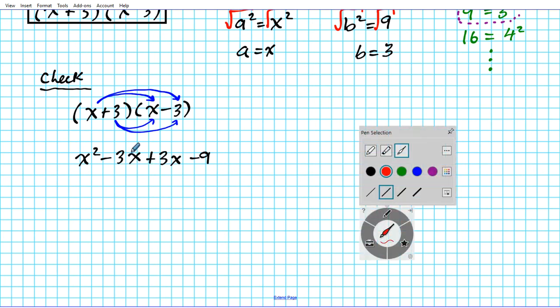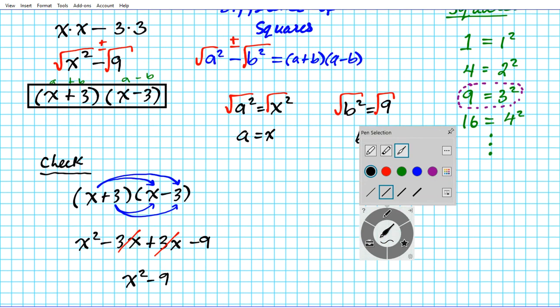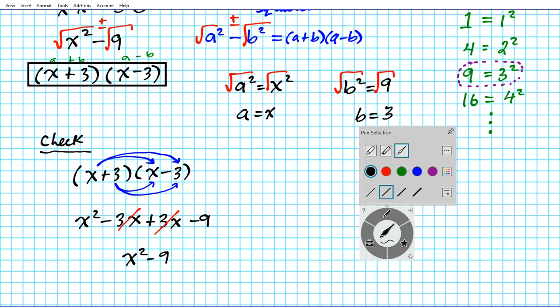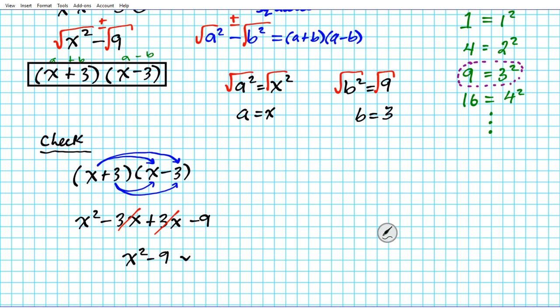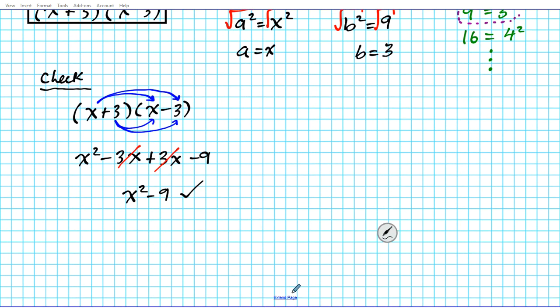The middle terms add up to 0, so they cancel out. So we're left with x squared minus 9. Is this the original expression we were asked to factor? It certainly is, so our answer is correct.